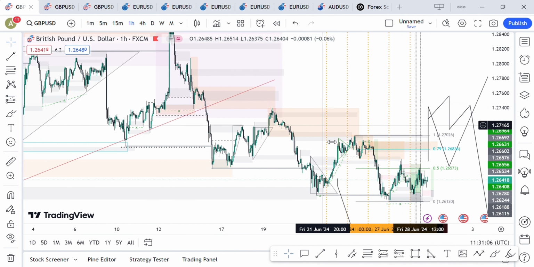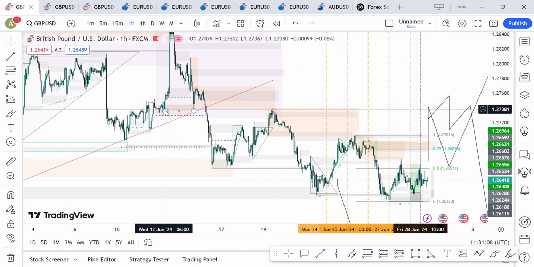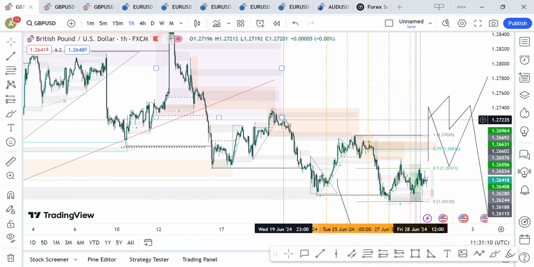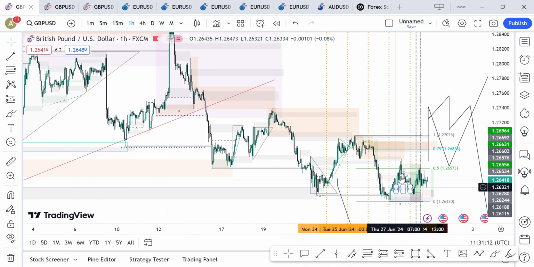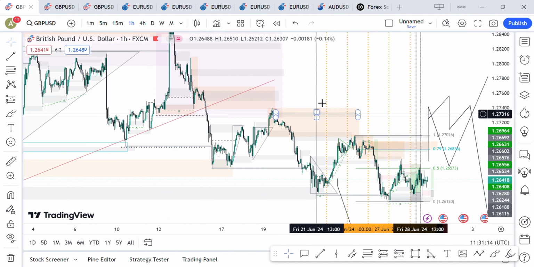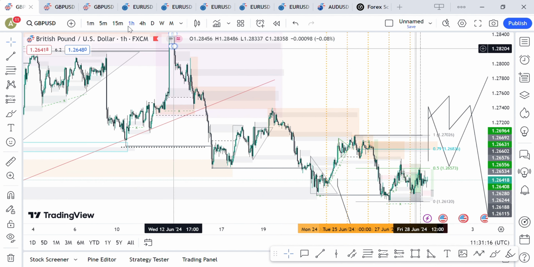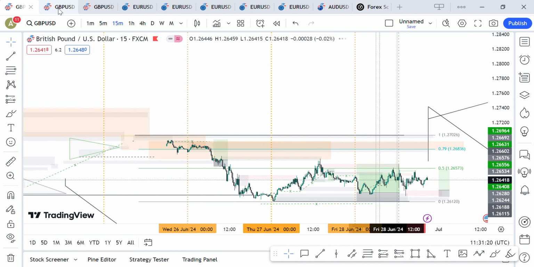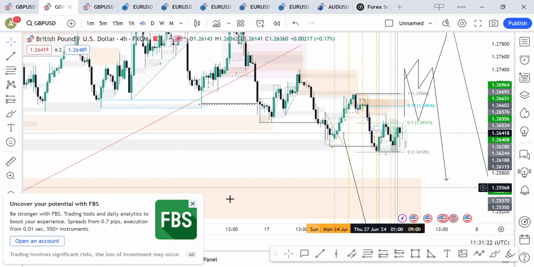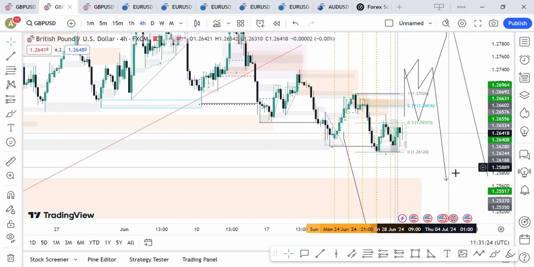So what else am I expecting? I don't think I'll be expecting much of buys from the GU coming in next week, although sometimes I say that GU, EU and AU go in tandem in the same direction.